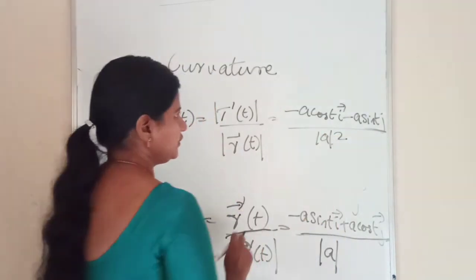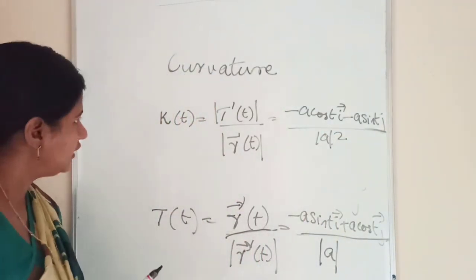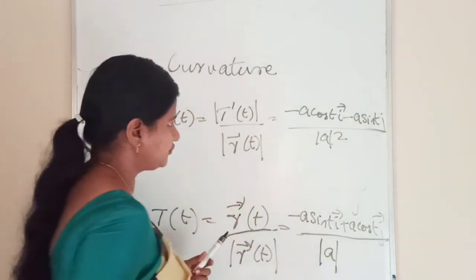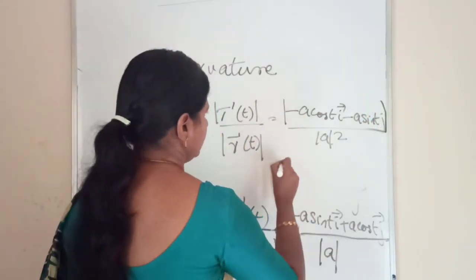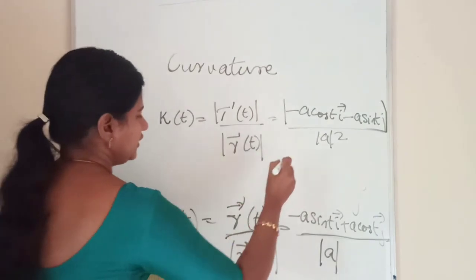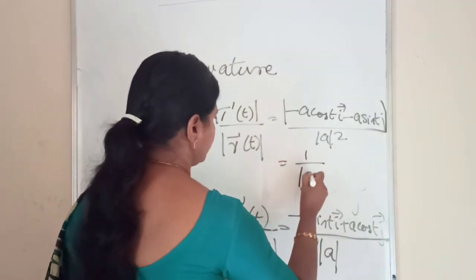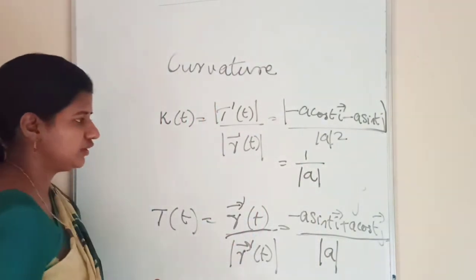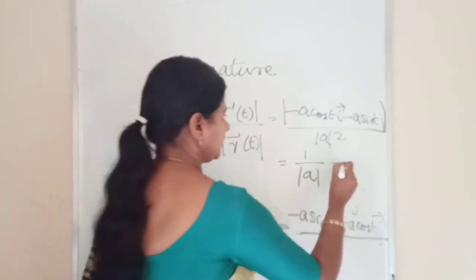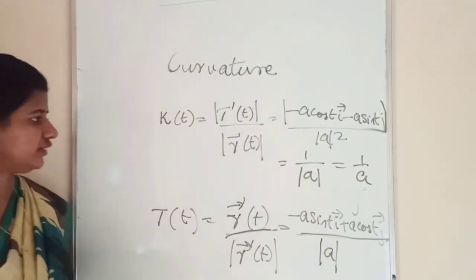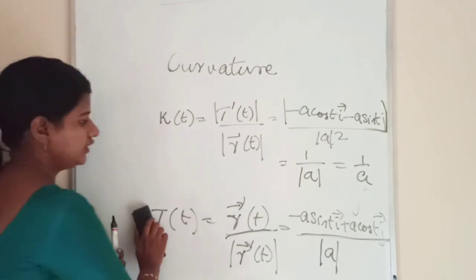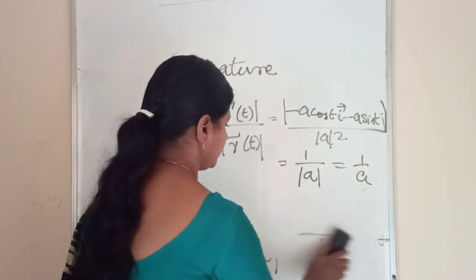So this is equal to the modulus of a squared, and the final answer is 1 by modulus of a, or if the radius is a, that is equal to 1 by a. So the curvature of a circle is 1 by the modulus of its radius.